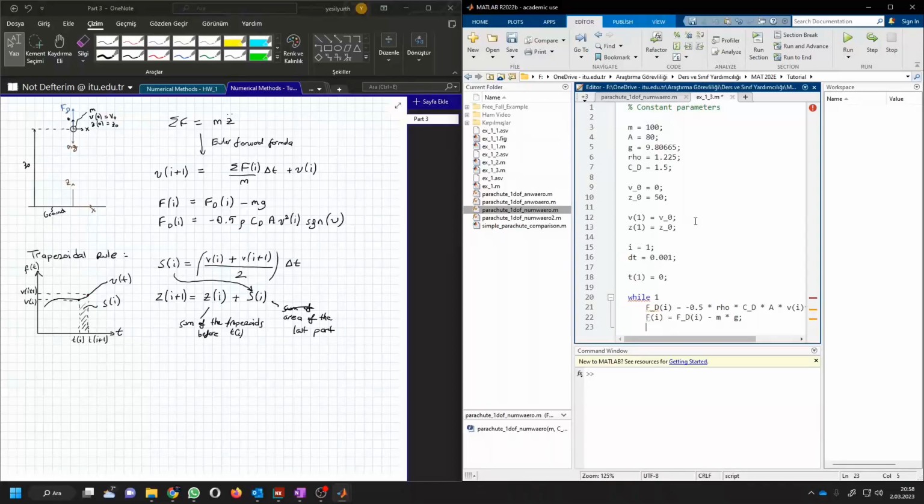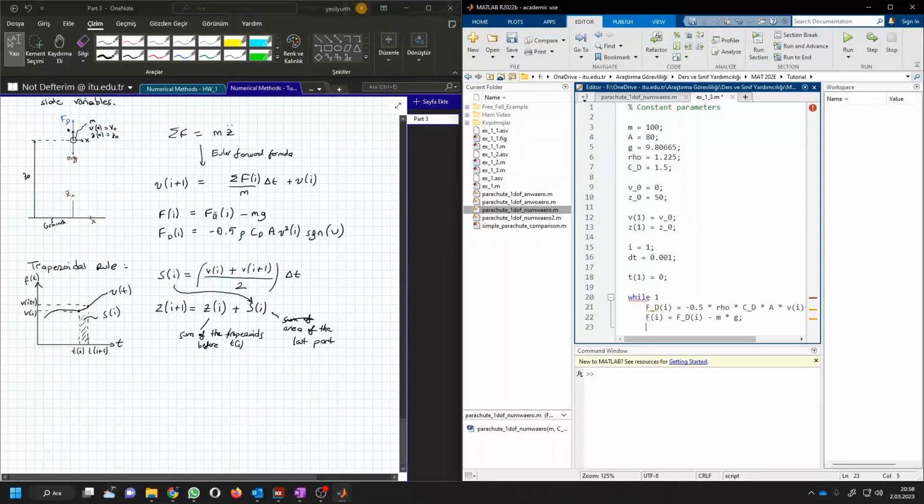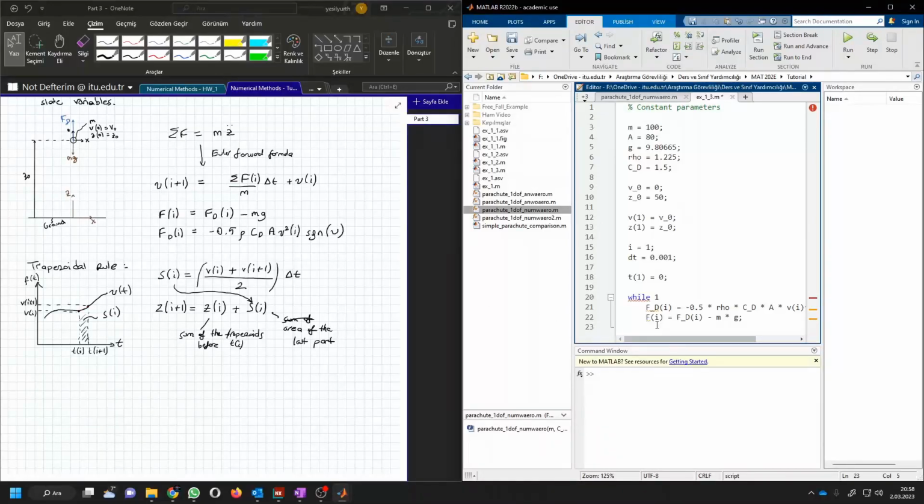and my Vi plus 1 will be equal to, sorry, Fi over m.